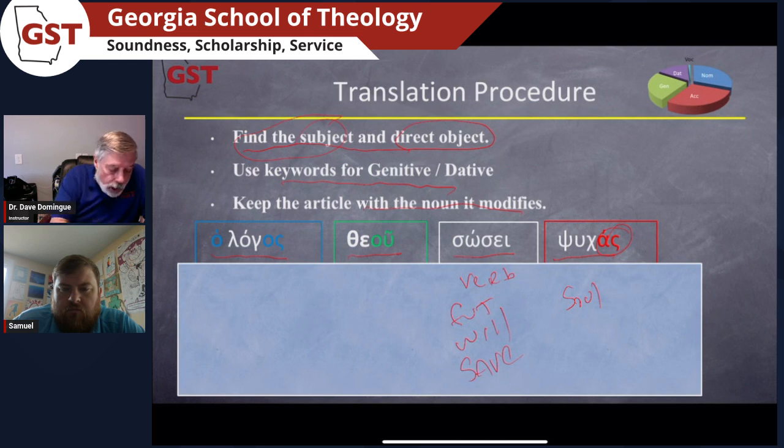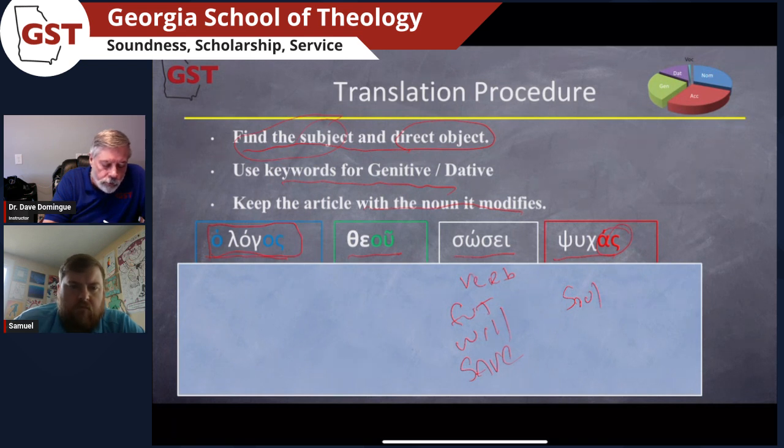So let's go through. Ho logos. How is that functioning in this sentence? What case is it? What number is it? What gender is it? It's masculine singular, and it's functioning as the main noun.